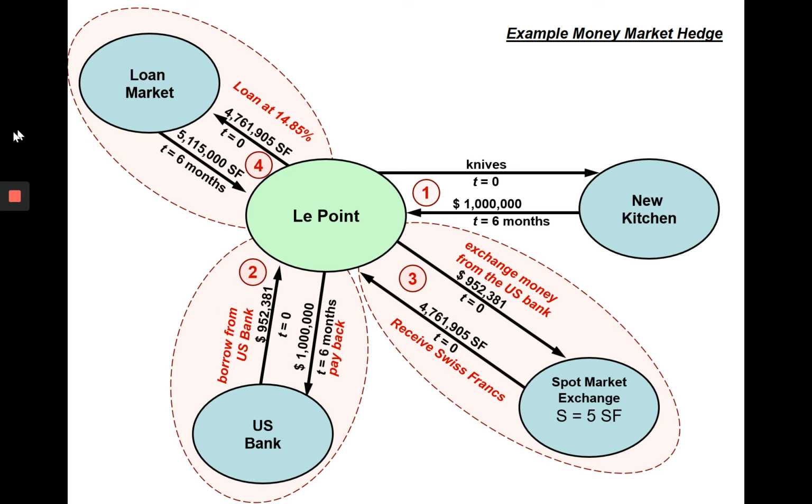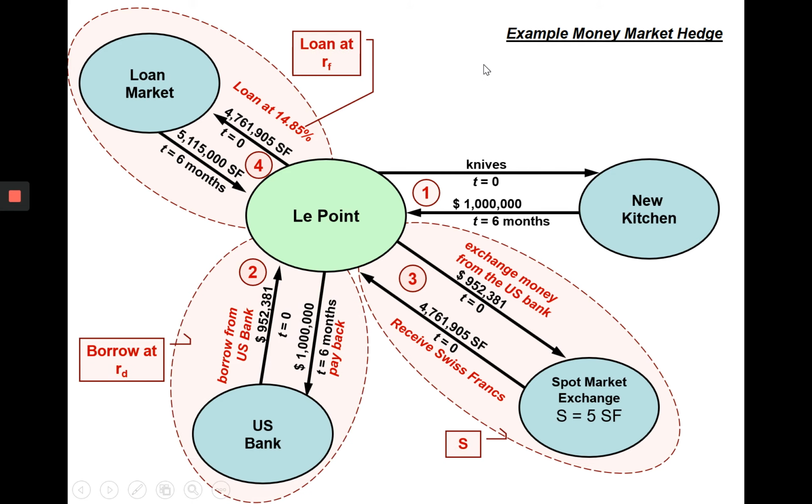We have to go to the spot market now, and in the spot market we would change our Swiss money into dollars, and we don't know what the rate is 6 months from now. It could be 5 or 6, and depending on that rate, we have an exposure.